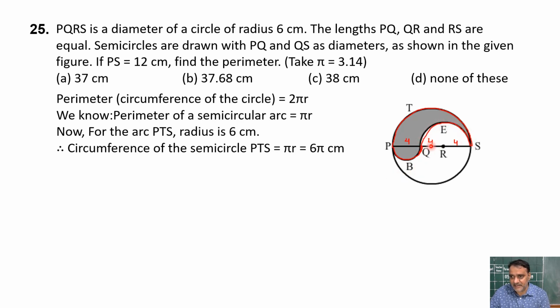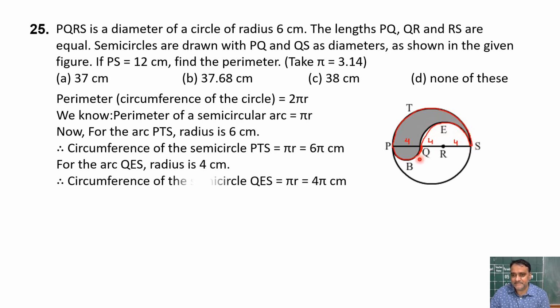Its diameter is 8, so half of 8 is 4, so the radius is 4 centimeter, so the length of this one is 4 pi. Right? The last one, this arc, the diameter is 4, so the radius will be 2, so the length of this semicircular arc is 2 pi.